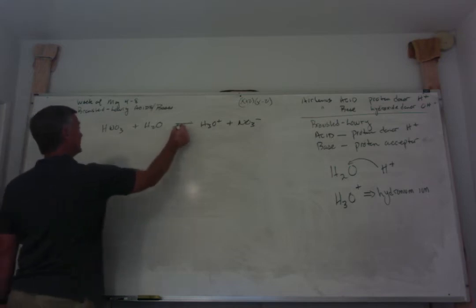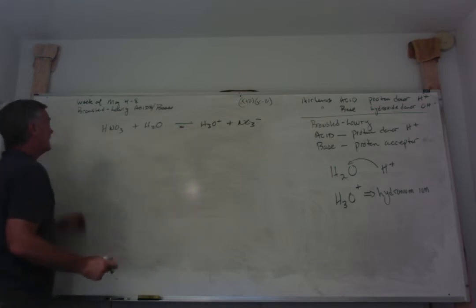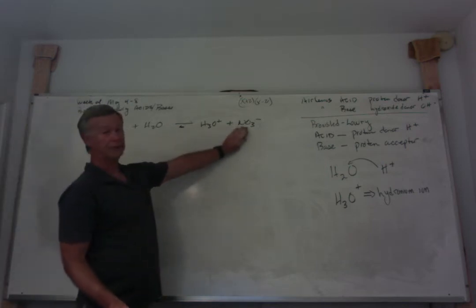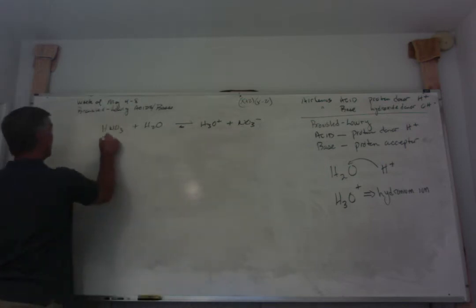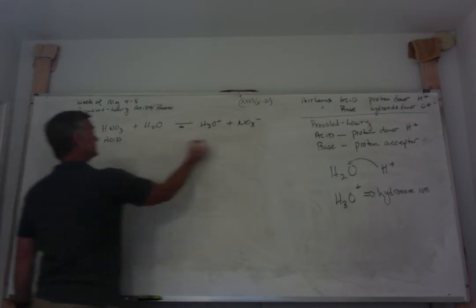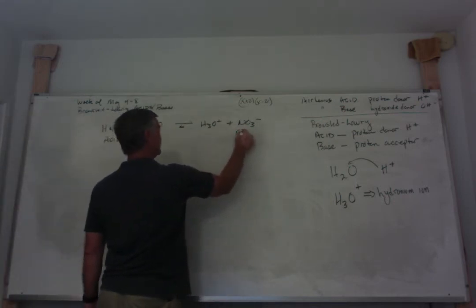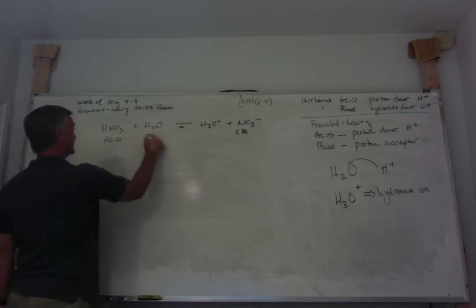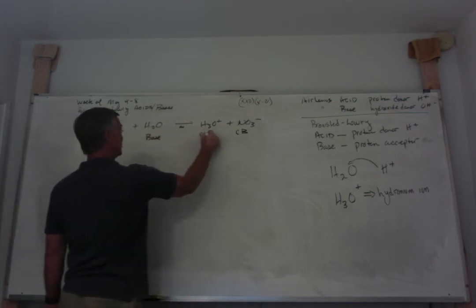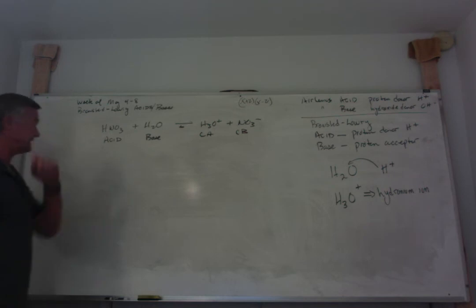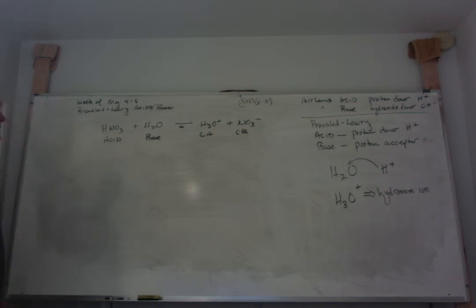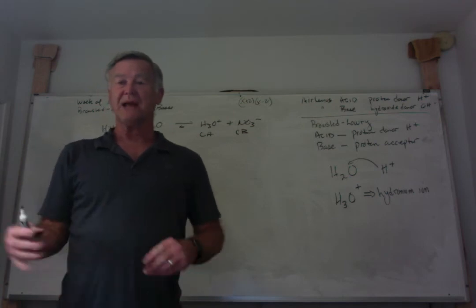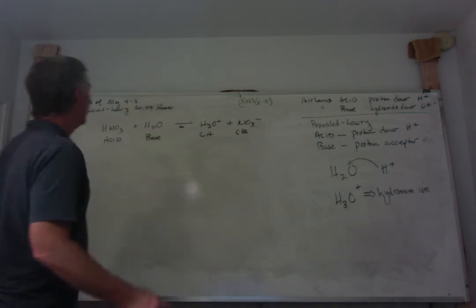When I look at this, HNO3 turned into NO3 minus. This we would call the acid. This we would call its conjugate base. We usually abbreviate that CB. And if this is the acid, this must be the base, and this must be the conjugate acid. Okay? That would be how we would mark those, and you'll be asked to do that in the homework.